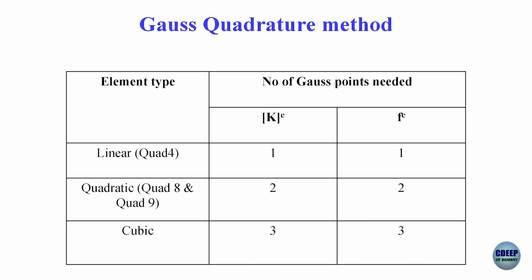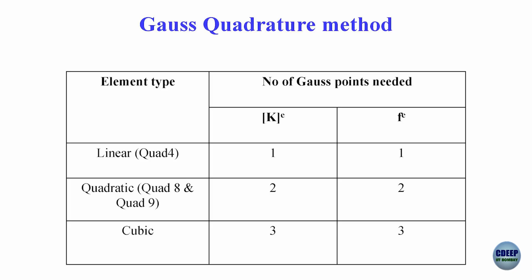So you choose now the number of Gauss points needed based on the shape functions depending on the element. For quad 4, 1 point integration may be enough. For quad 8 or 9 quadratic shape functions, you may need 2, because 2 into 2, 4 minus 1. So up to cubic you can manage. For cubic shape function elements, you may do 2 or 3.